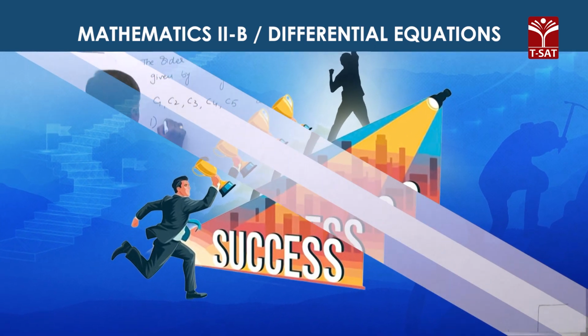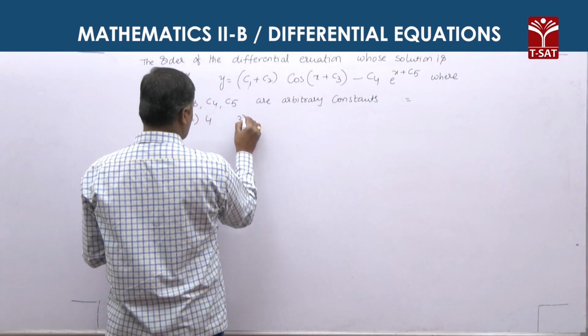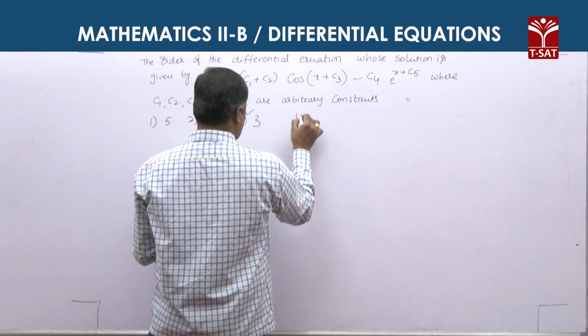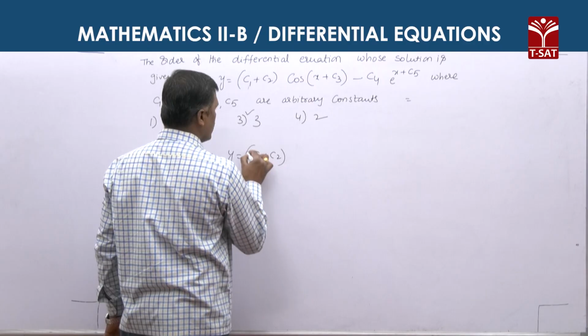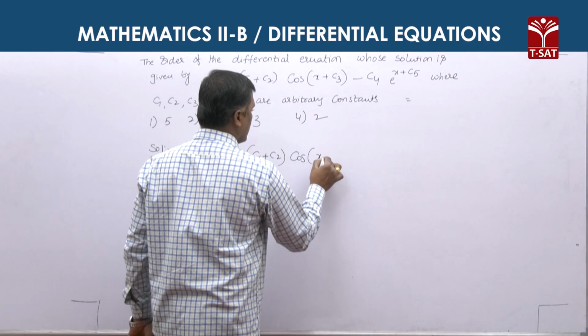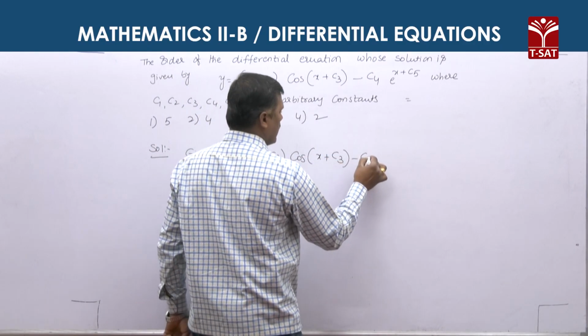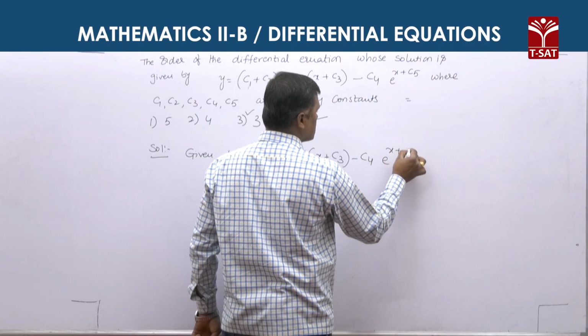First option 5, second option 4, third option 3 and fourth option is 2. y is equal to c1 plus c2 into cos of x plus c3 minus c4 into e power x plus c5.